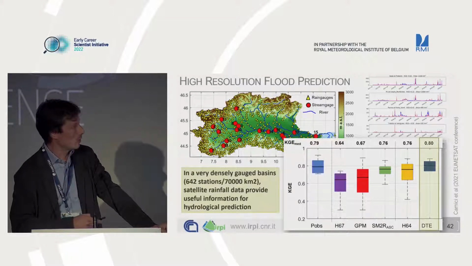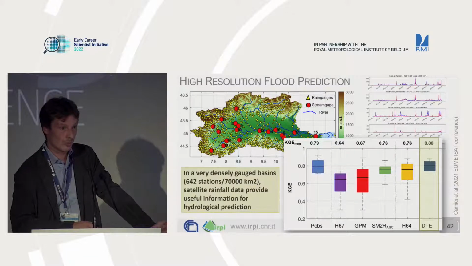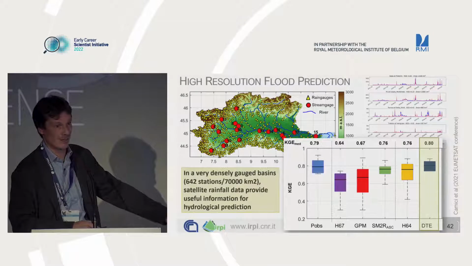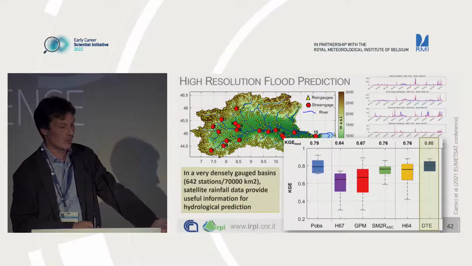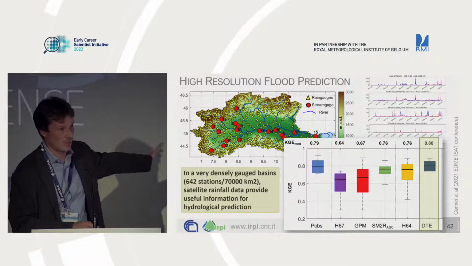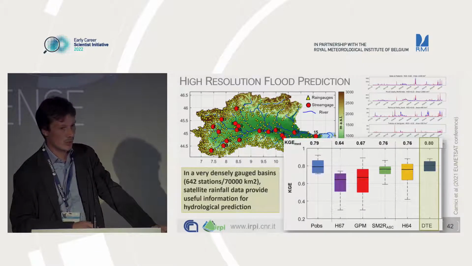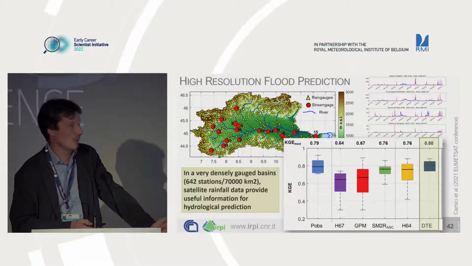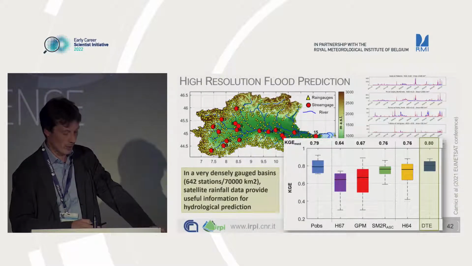And actually, we get performance similar to what we get with the gauge observation. It's not like in Northern Africa, where for this kind of basin you can have 3 rain gauges. Here we have 600 rain gauges. So basically, with satellite precipitation, we are really approaching the quality of gauge observation. And of course, we can get this data everywhere.